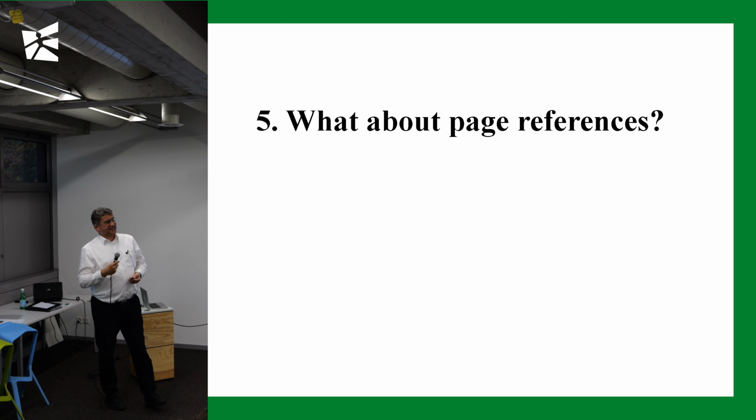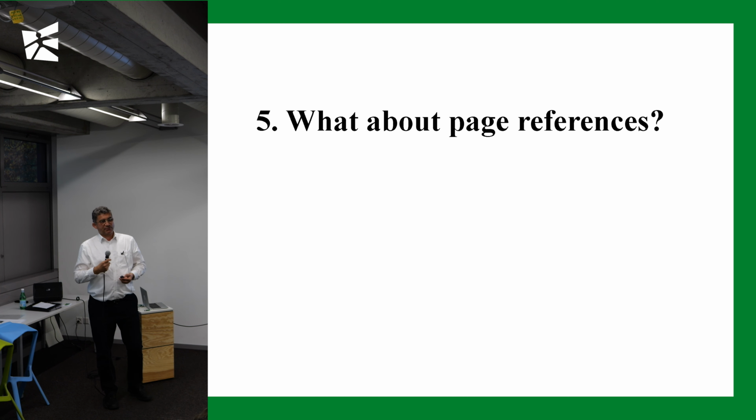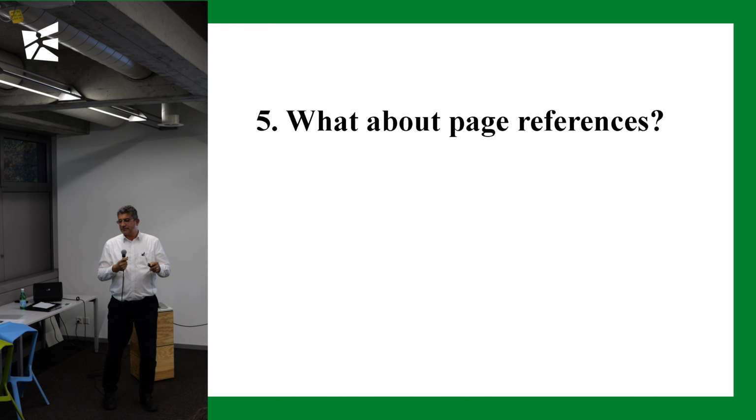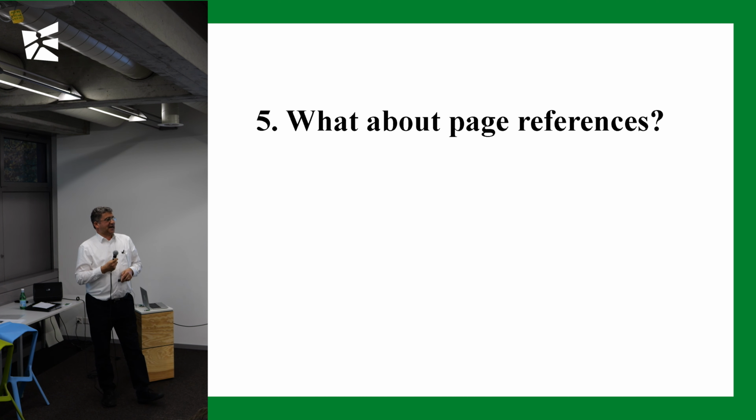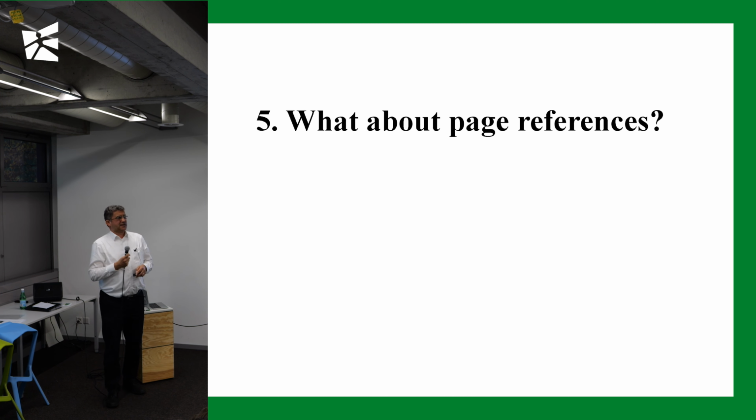So HSG says you need page references not only with direct quotations, but also with paraphrases. And APA is slightly fuzzy there. It's interesting, if you go onto the APA website, APA style, as it's called, the examples there are slightly confusing because in one case there'll be a page reference and in the other there won't, which is a bit unfortunate.